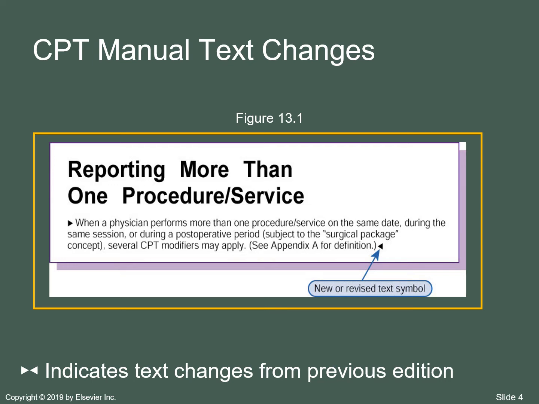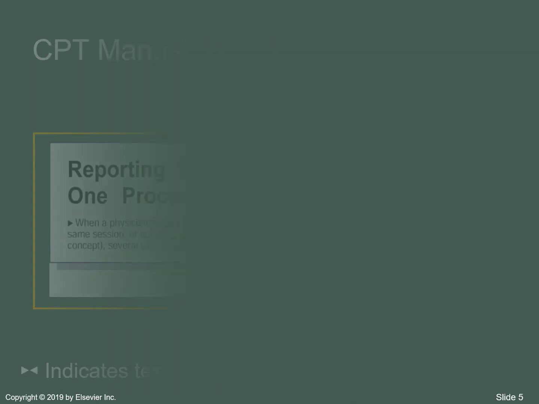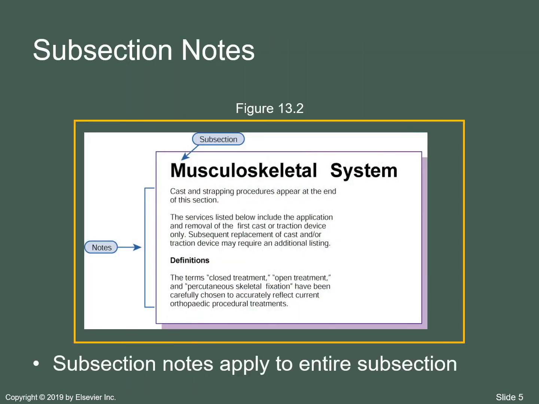So basically in figure 13.1, at the bottom where you see the bow tie, it is indicating there's a new service or revised text symbol, which means that it's adding a word, it may be removing a word, or it may be adding a statement. It indicates that the text changed from the previous edition. So something has been revised, added, or removed, and that's very, very important while coding.